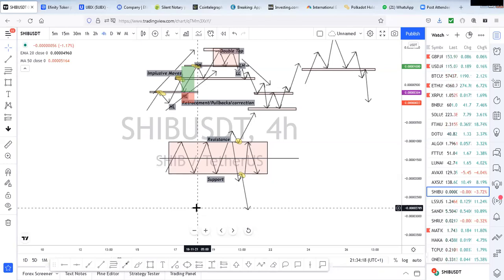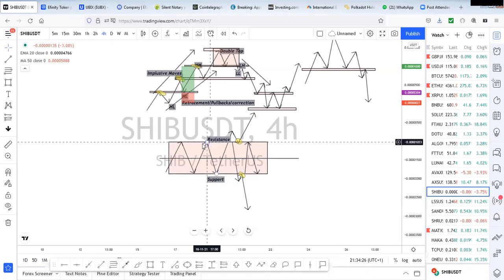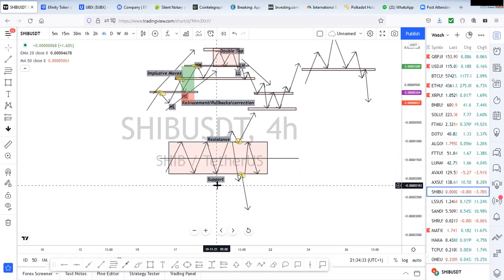You buy at key supports and you sell at key resistance levels. So you buy here and take profit at the resistance level. Then you sell at the resistance level and take profit at the support level. So that's what that statement means.